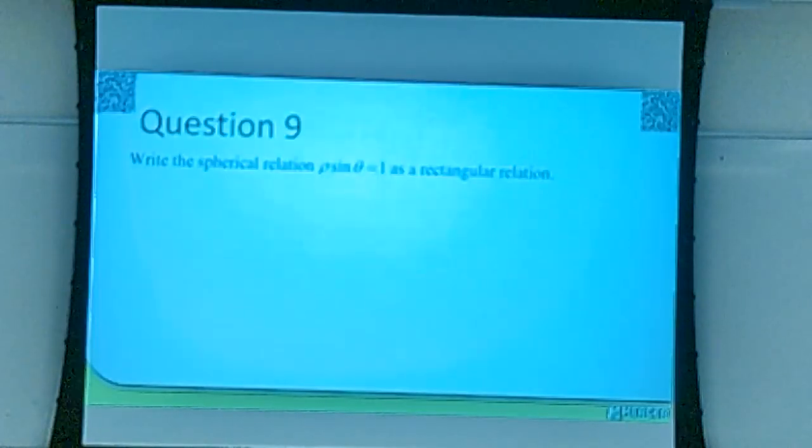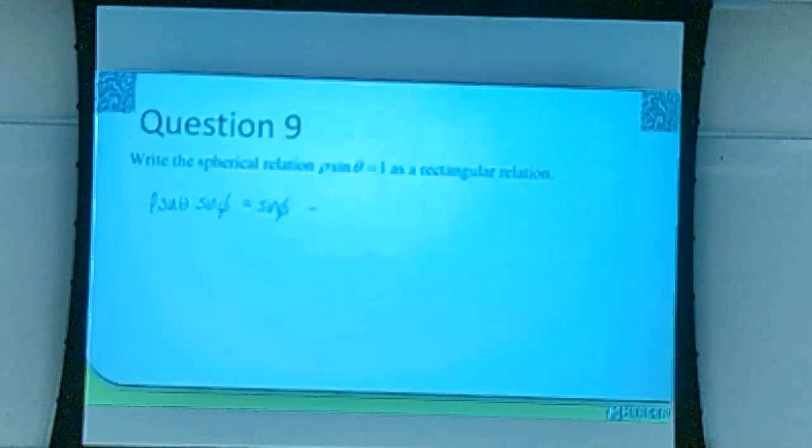So there are two ways I can proceed from here. I'm just going to do this and say that rho sine theta sine phi equals sine phi. Multiply both sides by sine phi.